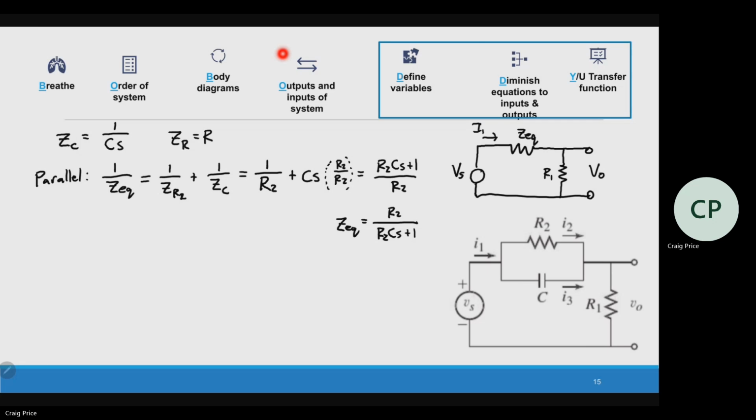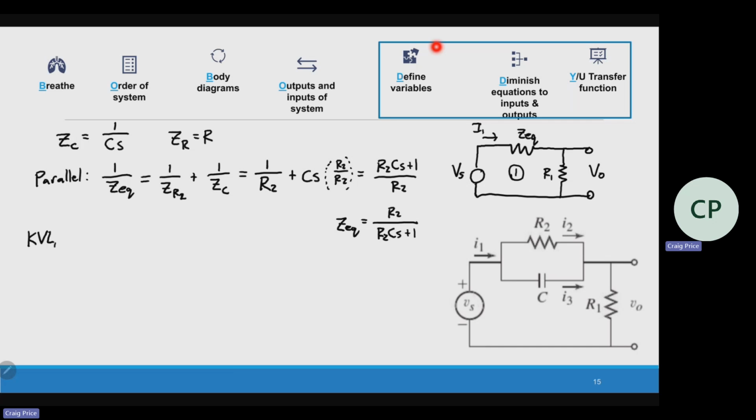Okay. Now, I think we're closer. Do you have any ideas of what the next step should be? No. KVL, great. Let's do the loop. If this is loop 1, KVL is a great idea.